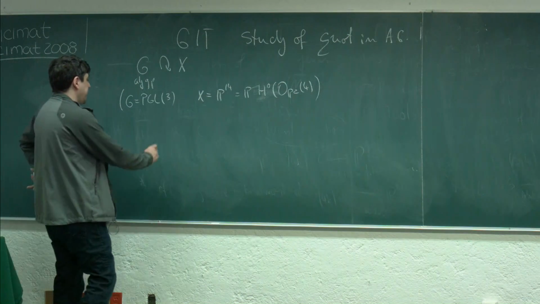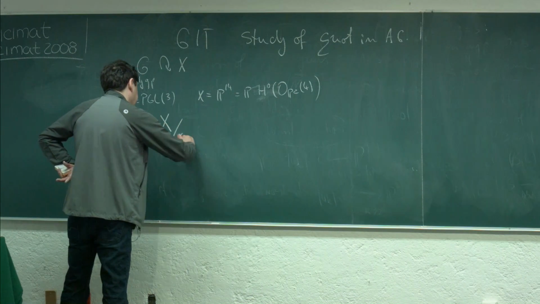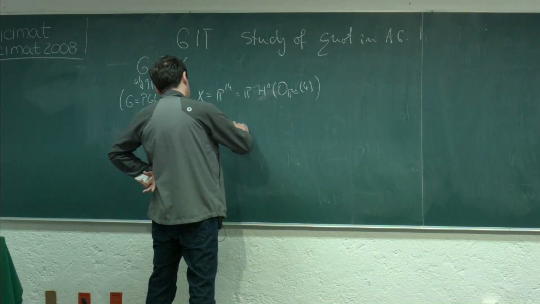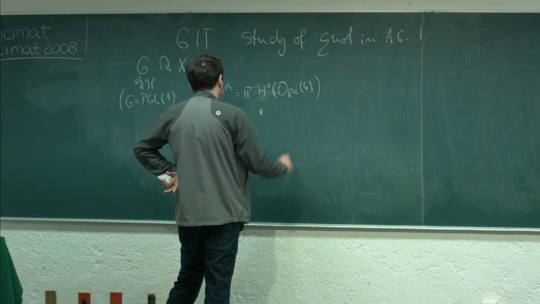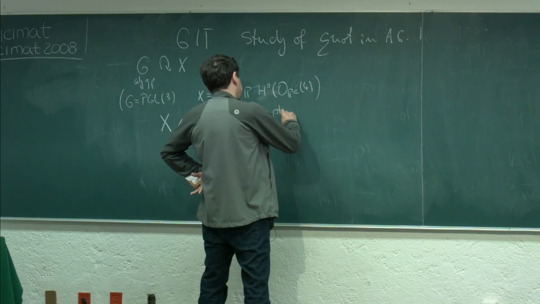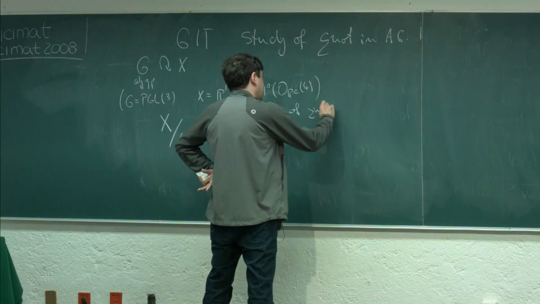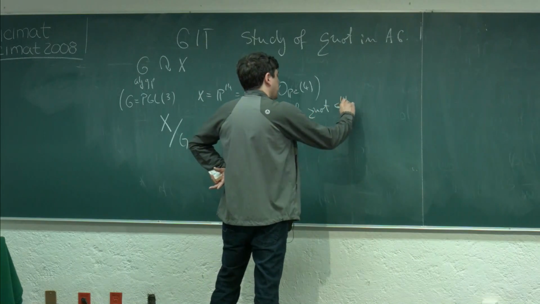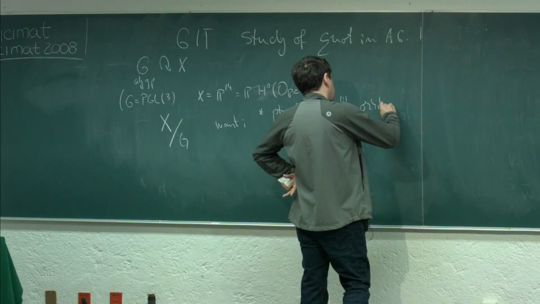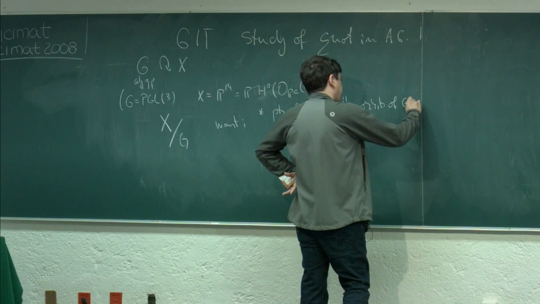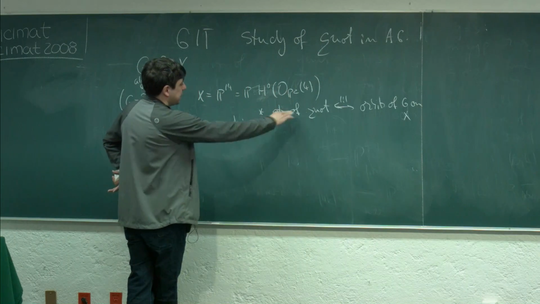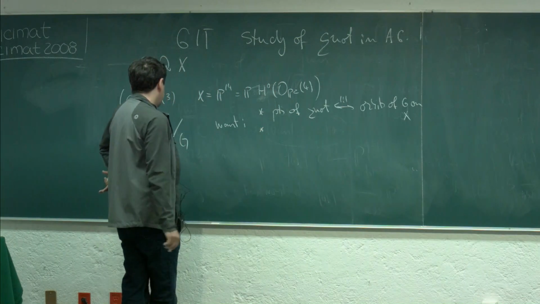So the question is, what is the quotient X mod G? We would like to have two things. We would like the points of the quotient to be in one-to-one correspondence with orbits of G on X. This is just the meaning of quotient.